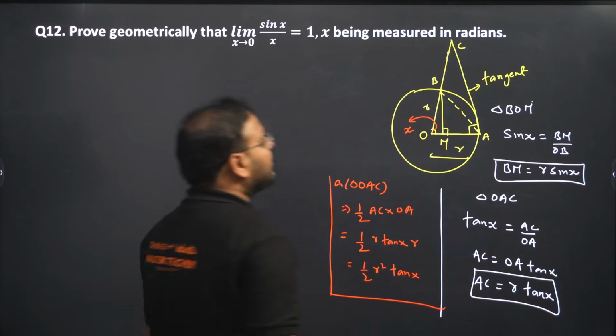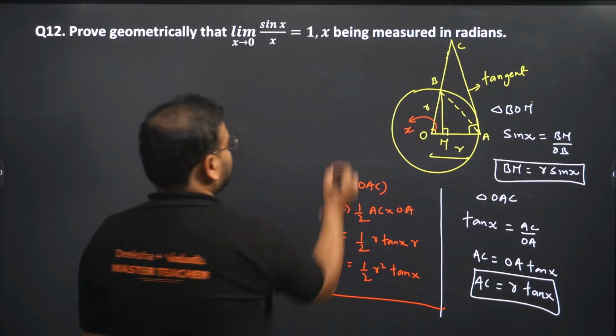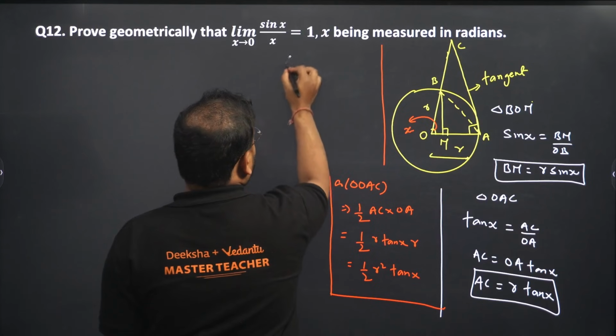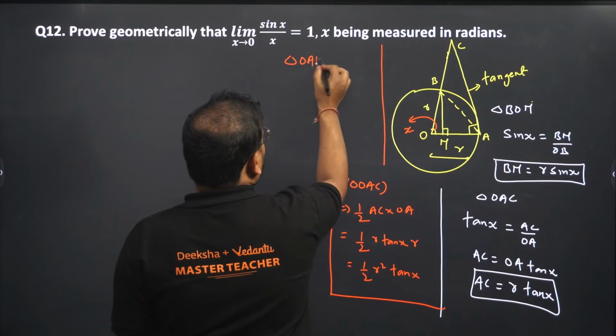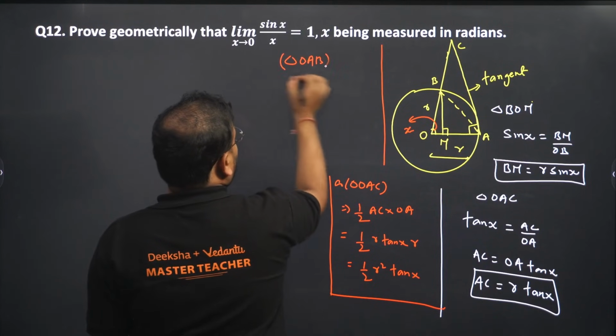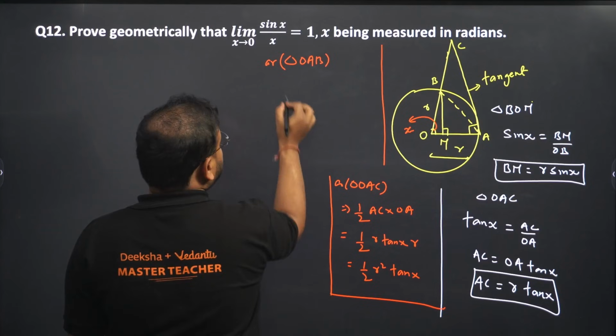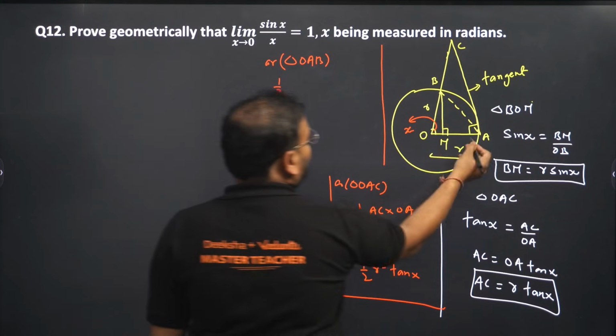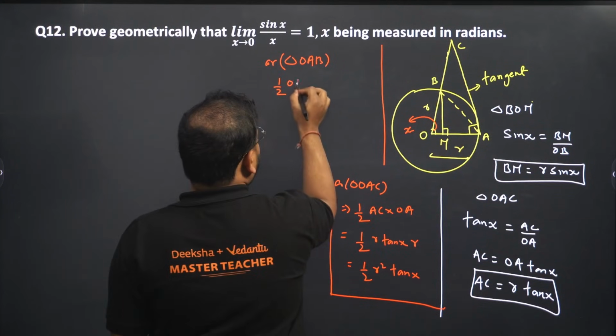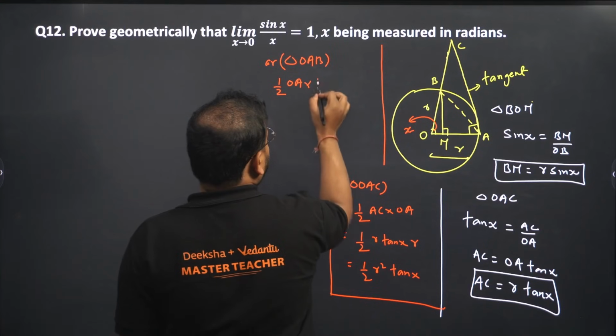Same way, check triangle OAB. Area only. We'll write this as 1 by 2, base will be OA, height will be BM.